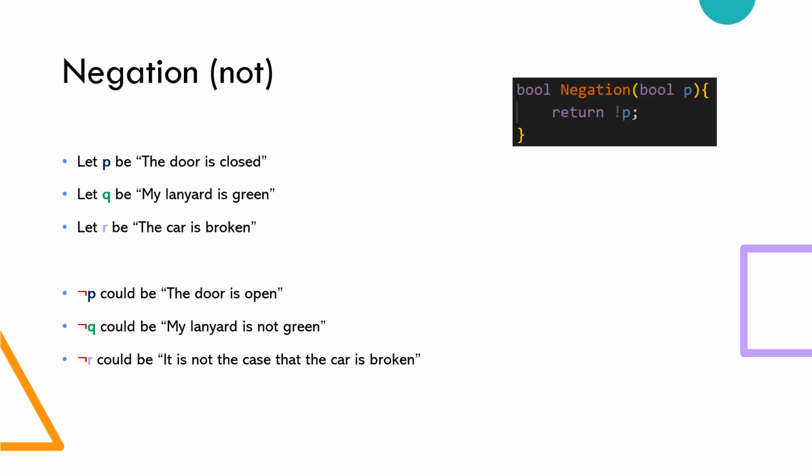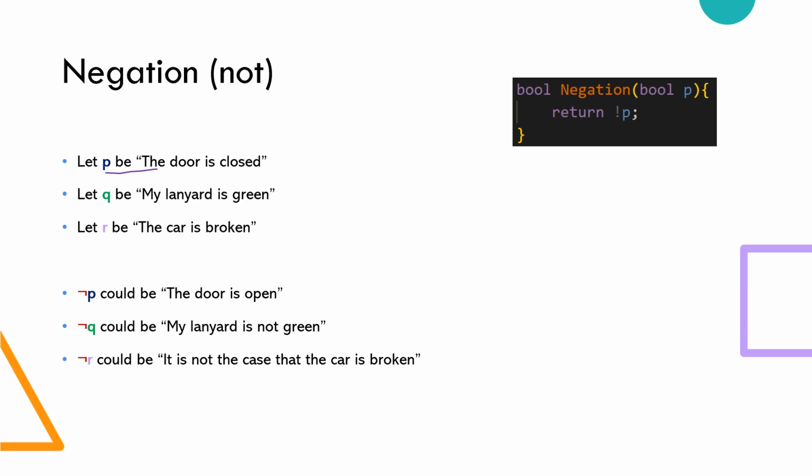A negation proposition is the simplest one. This one requires only one logical operator. So let P be the proposition the door is closed, then not P would be the door is open, because a door can either be closed or open.